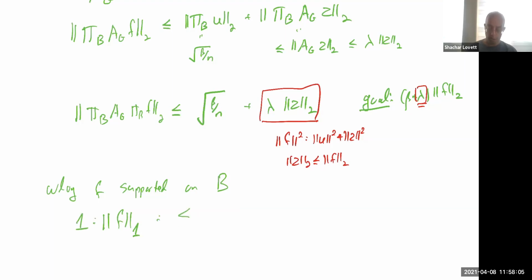So this is a sum over all v in B of f_v. So now we're again going to do Cauchy-Schwarz, but because it's supported on B, we can say this is smaller than the L2 norm of F times the L2 norm of 1 supported on B, because we know that F is going to be 0 outside B. And what is this, 1 on B and 0 elsewhere? Well, that's exactly going to be root beta n.